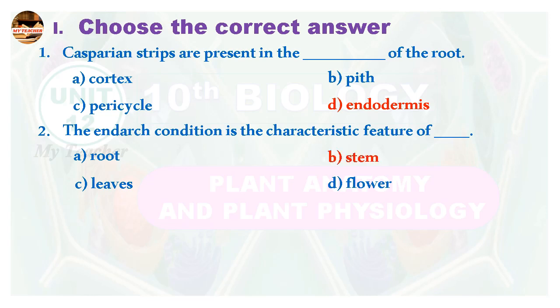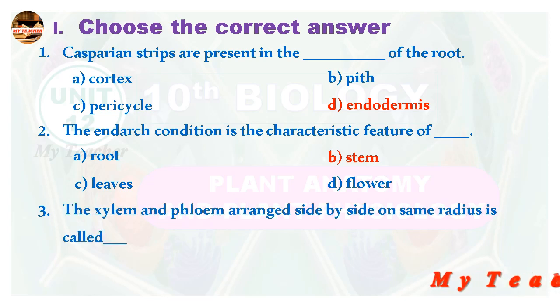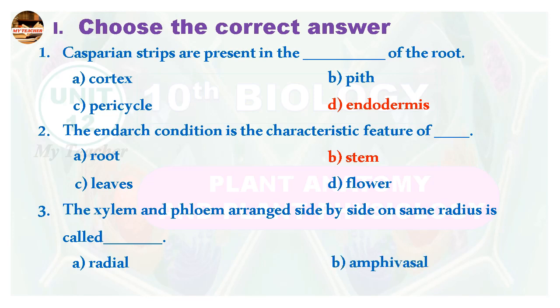Third question, the xylem and phloem arranged side by side on same radius is called dash. Options A. Radial, B. Amphivasal, C. Conjoint, D. None of this. Answer is C. Conjoint.